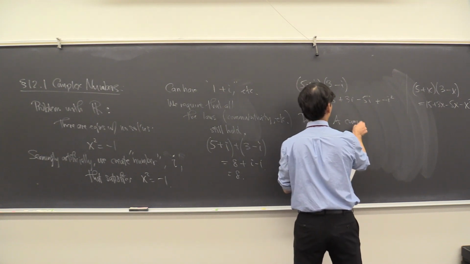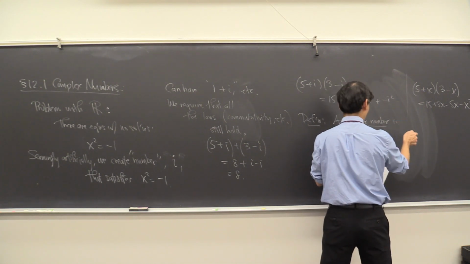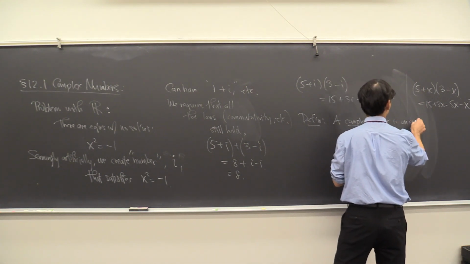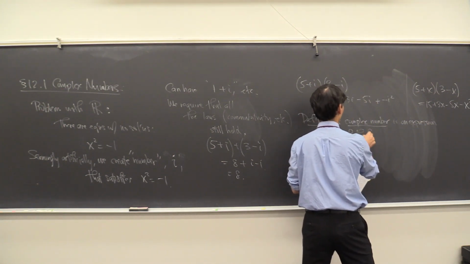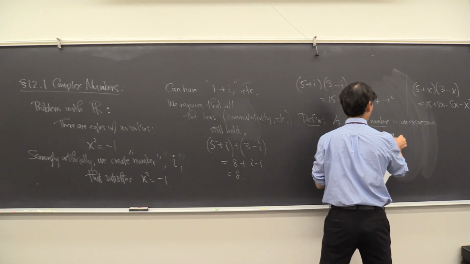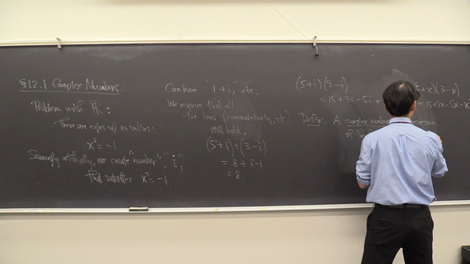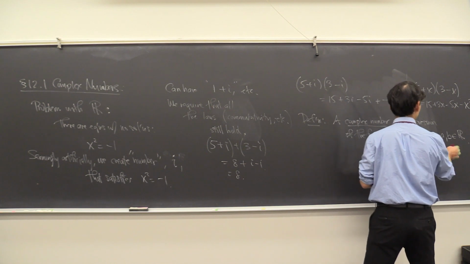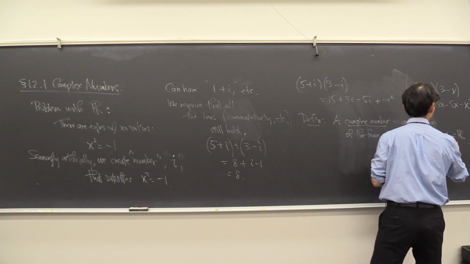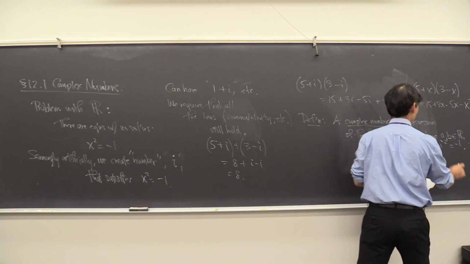Okay, so let me put up the definition here. A complex number is an expression of the form a plus bi, where a and b are real numbers, and i is the thing that solves i squared equals -1.